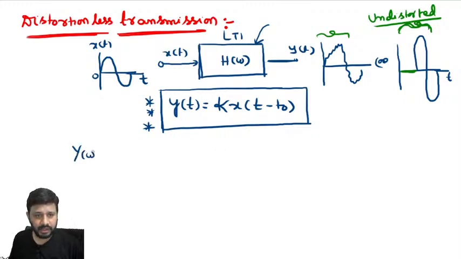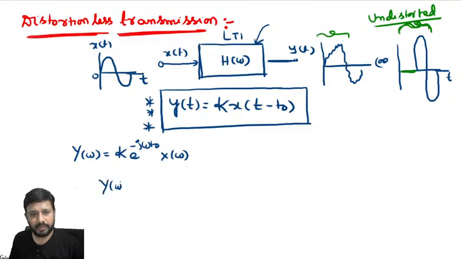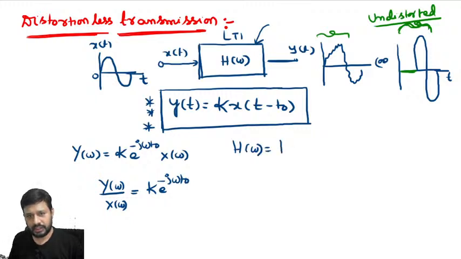Y of omega is equal to, use your shifting property, e power minus j omega t naught multiplied with X of omega. Now calculate Y of omega by X of omega. Y of omega by X of omega is your H of omega, the frequency response: k e power minus j omega t naught. This is the frequency response.